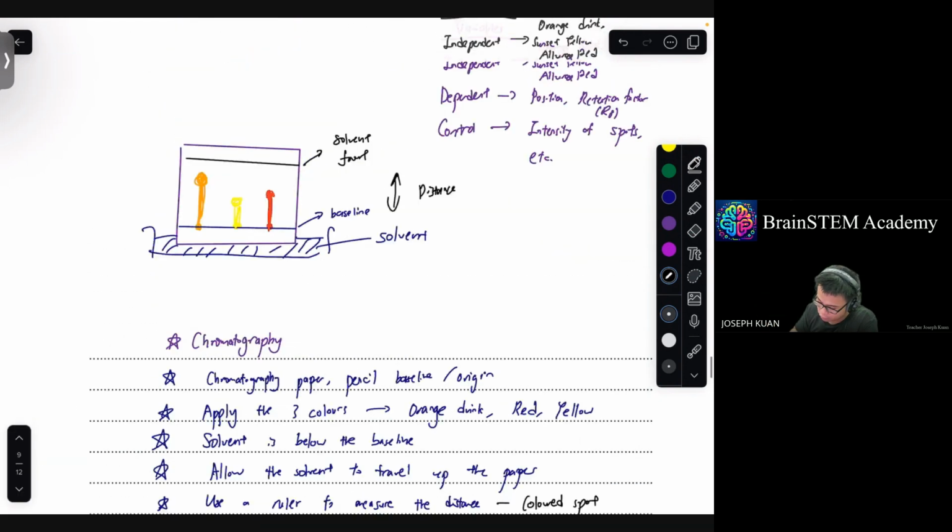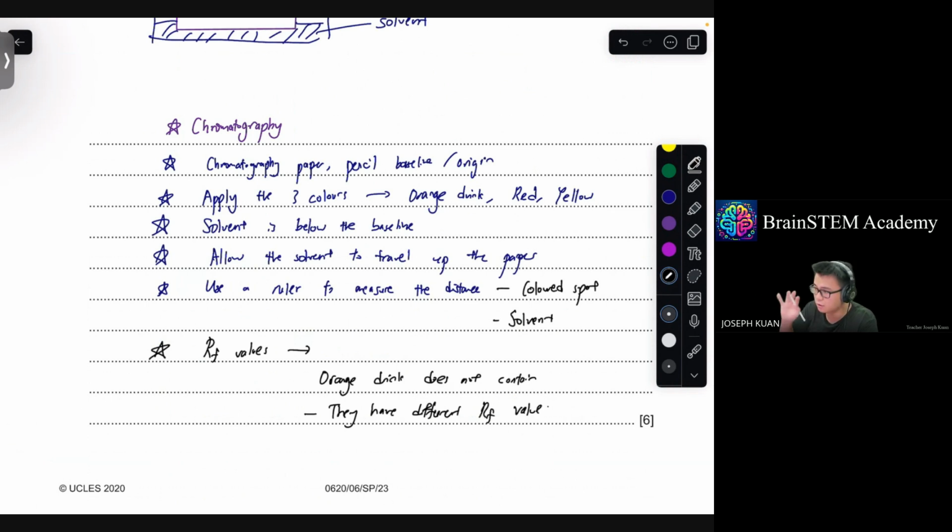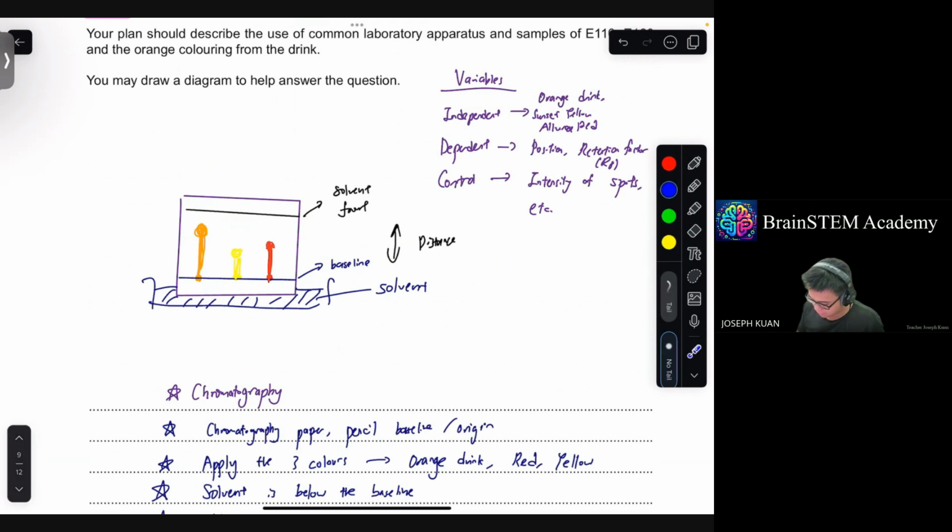So essentially, how do you prove that the orange drink does not contain the red pigment and also the yellow pigment? It's just that they have different Rf values, so the orange spot is not level with the other two spots. For example, the orange may have traveled further, and then the yellow stops here, and the red stops here.